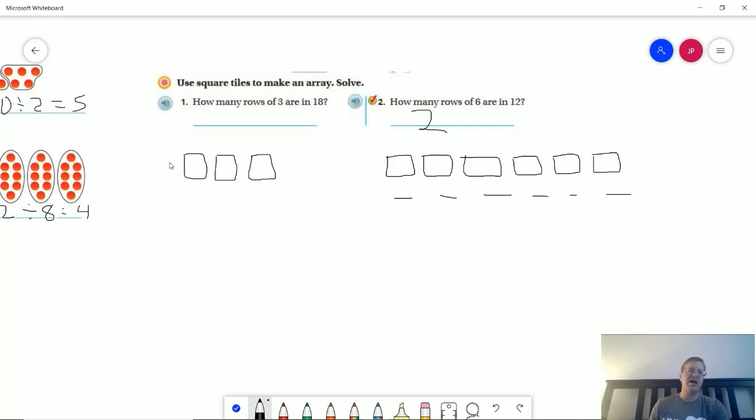For this one, I would suggest that they go ahead and write out the first row, and then they can add a second row if they need to count to figure out where they're at, then they can do that. Otherwise, I will allow students, as long as they make the correct picture, I'll let them skip ahead because they should know that 3 times 6 is going to give them 18, so they're going to need to make 6 total rows.